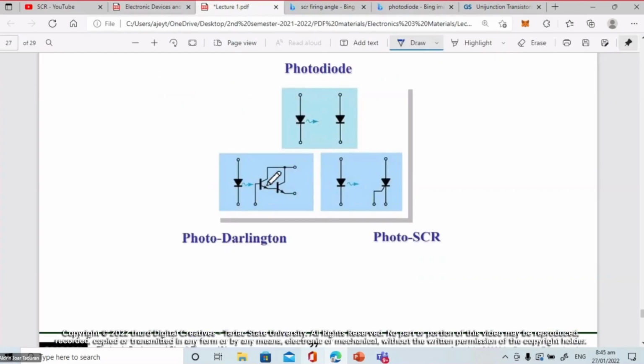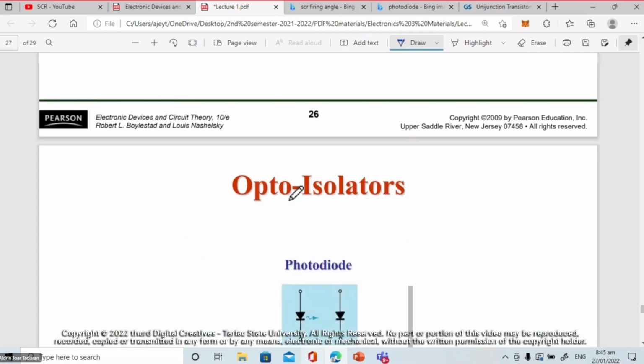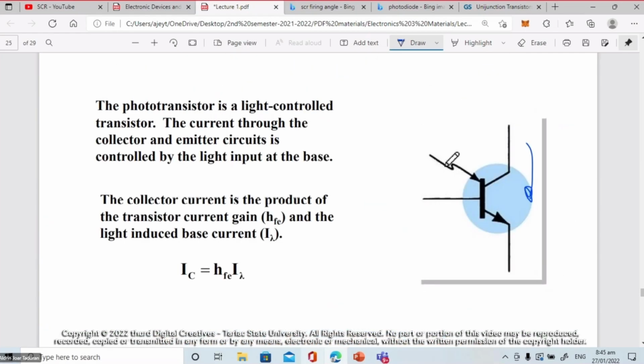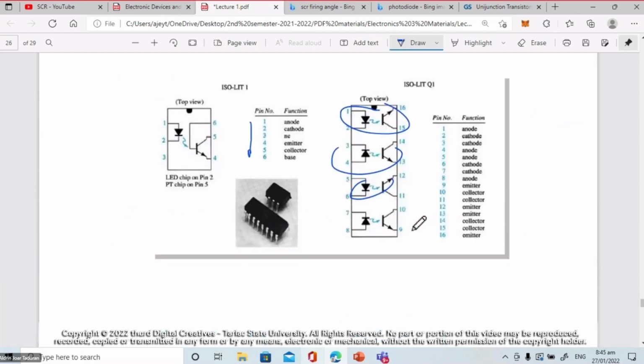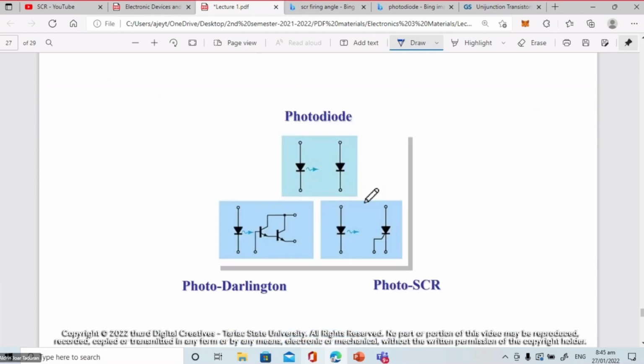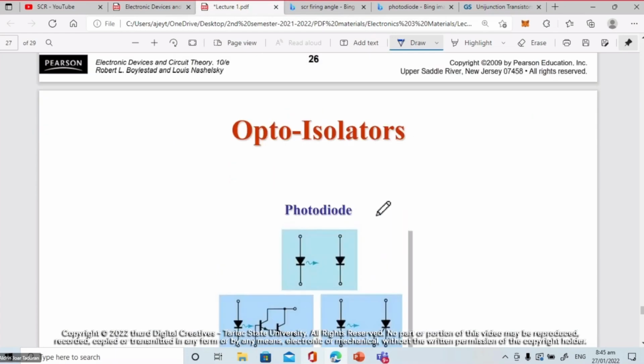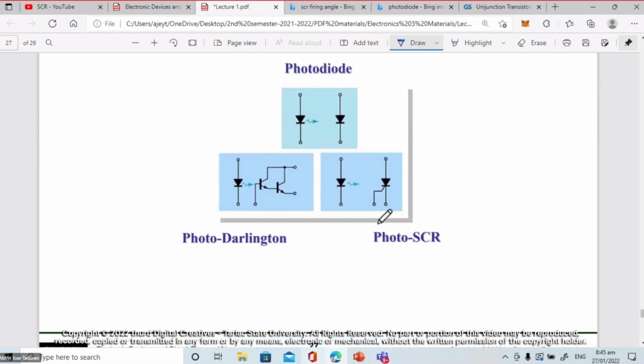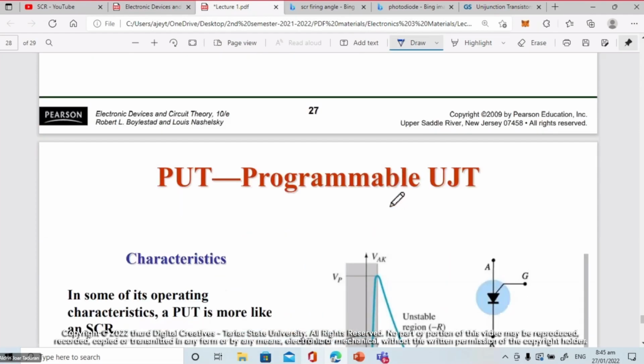And then, we have a Darlington. Okay. The Darlington photo. Pag kinonect natin dito, yan. Ito, ganun naman to, photodiode na transistor naman ang kinonect natin. Ito, photo SCR, ganyan. So, we call them photo opto-insulator. Especially yung photo SCR natin.